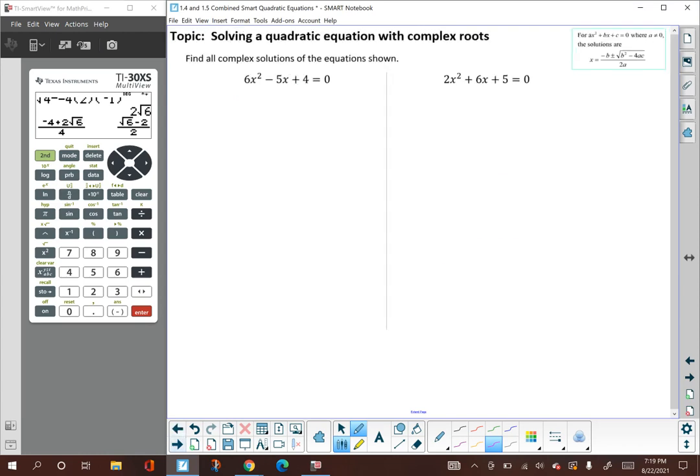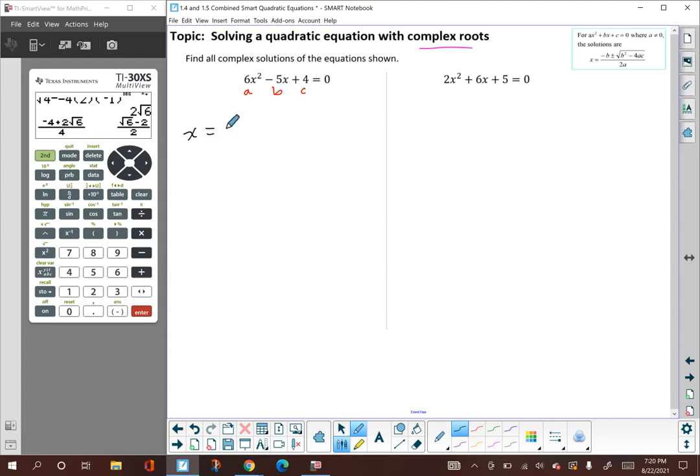Okay, so now we're going to have some quadratics with complex roots. So we're going to end up with an i in these answers, and the topic itself is telling you that you're going to end up with those complex answers. So the method is not any different, just how we have to deal with that radical is different.